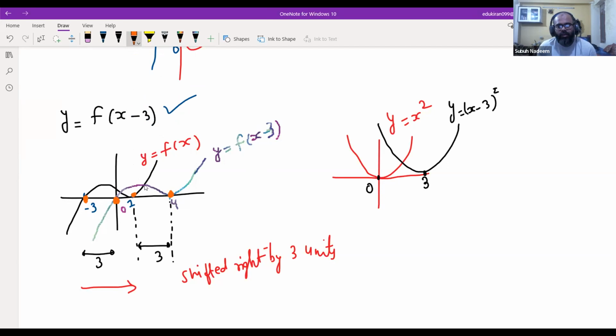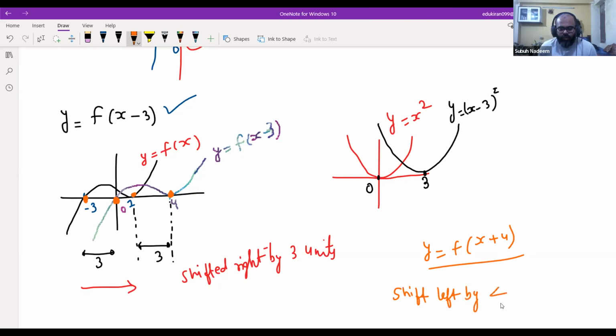Got it? Yeah. So you can note this down. So this is the shifting towards right. If the graph is something like y is equal to f of x plus 4, can you tell me what the shifting will be? It will be towards the left, so shift left by 4 units.